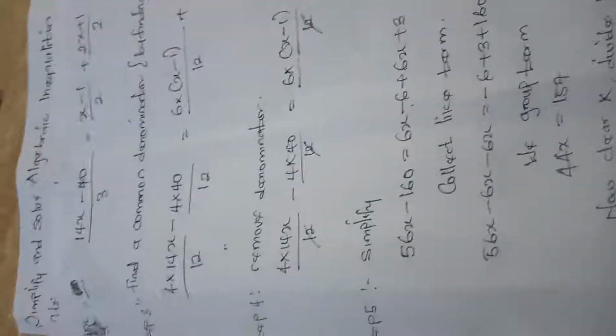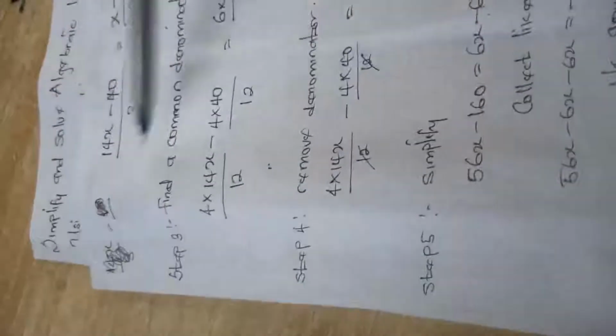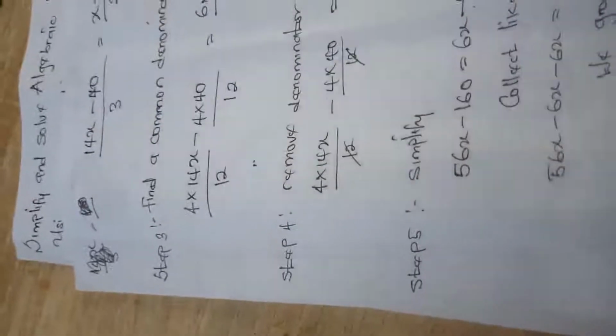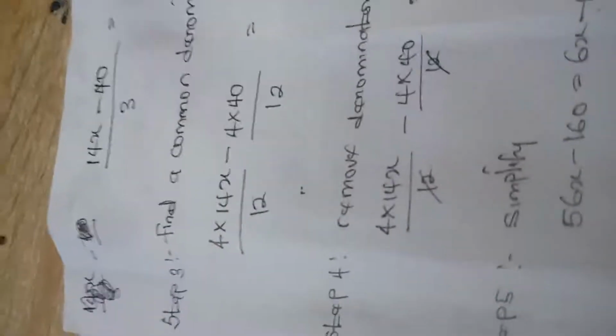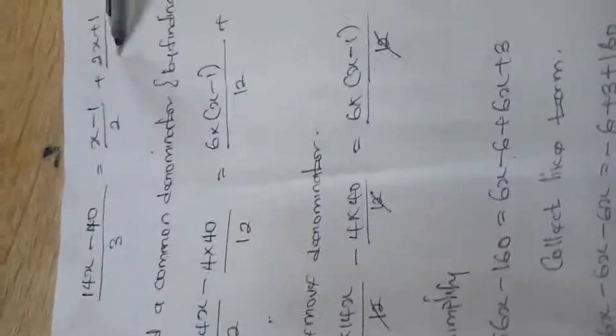We have that there. To explain it better, 2 times 7 is what? 14. 14x here minus what? 2 times 20 is what? 40. 40 over 3. Yes, equals this x minus 1/2 plus 2x plus 1/4.